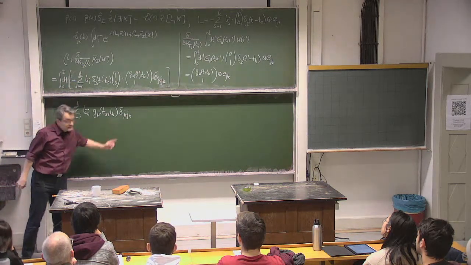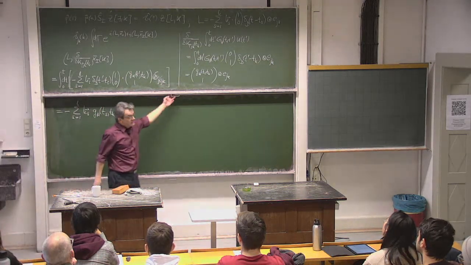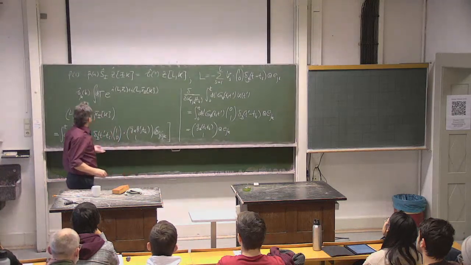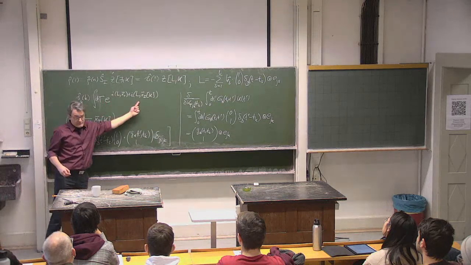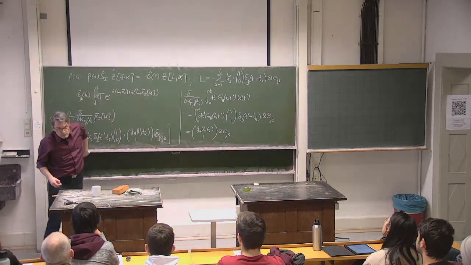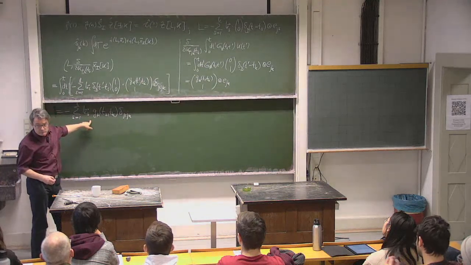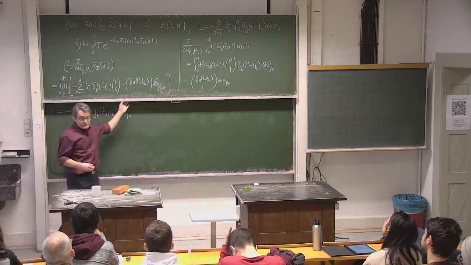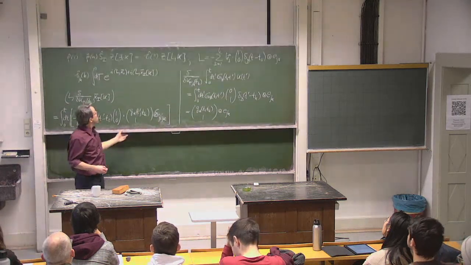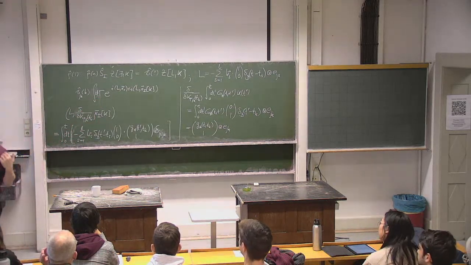Now you see nothing in this expression depends on the initial positions of the particles. So this means that if I apply this operator here to this integrand, I'm getting this factor down from the exponential. But this factor does not depend on any of the variables in the integrand measure here, so I can pull it out of the integral.